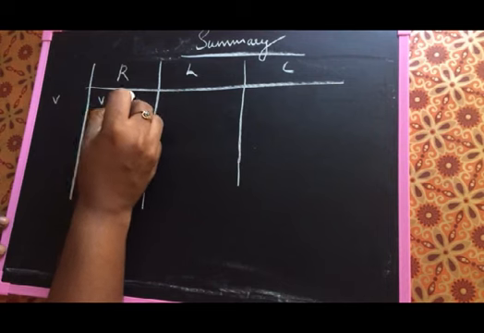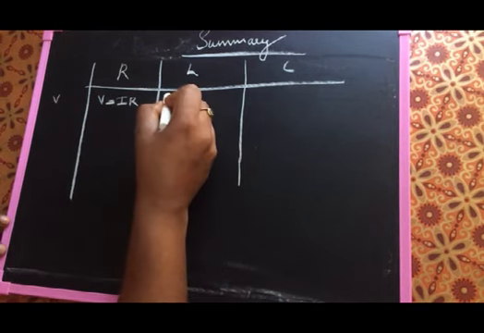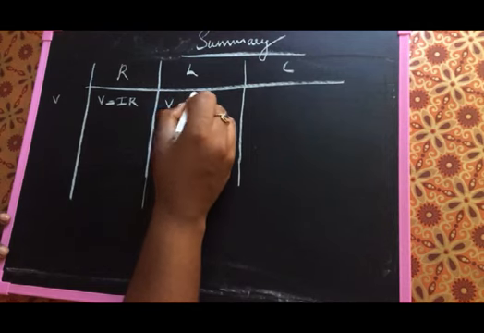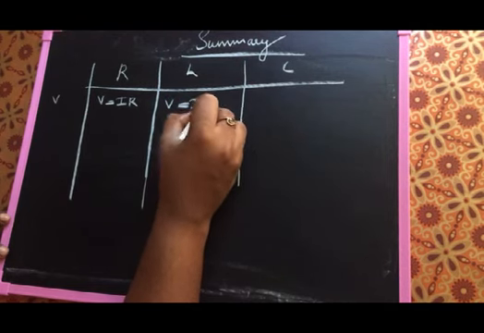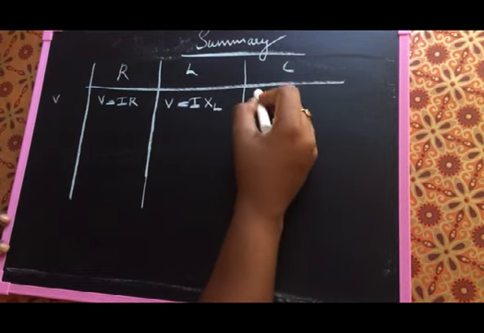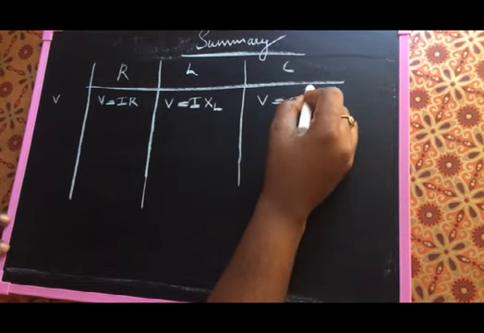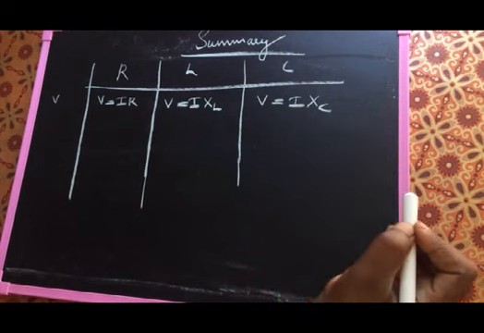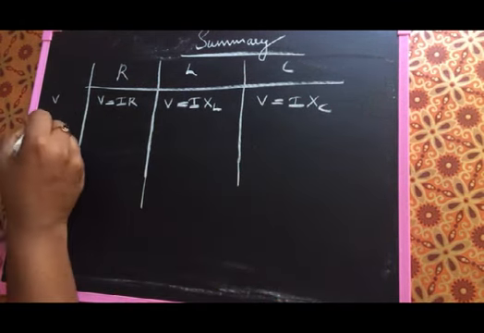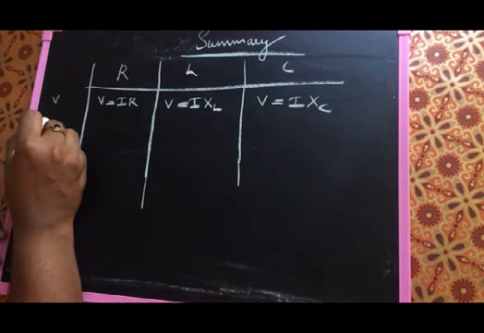V is equal to, in a purely resistive circuit, I into R. Similarly, in the inductive circuit, V will be equal to I into XL, that is inductive reactance. And V is equal to I into XC in the case of a capacitor. That is the voltage equation.